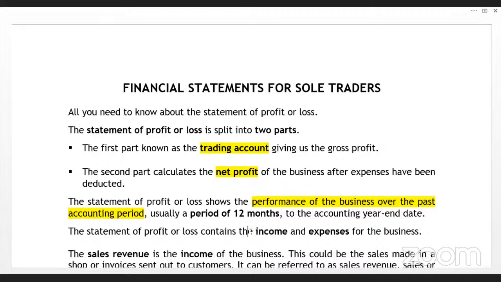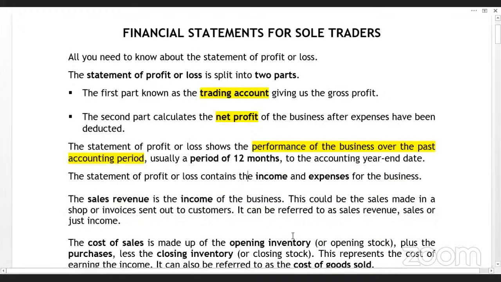The statement of profit or loss contains what we call the incomes and the expenses for the business. So we have to find out what are the business's incomes and what are the business's expenses. Sales revenue is the income of the business.